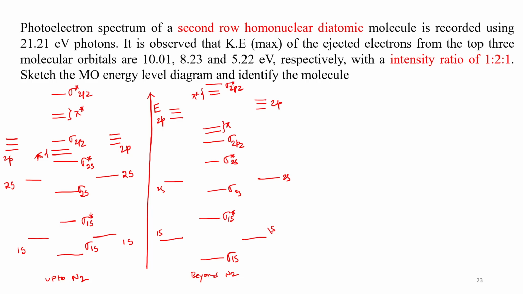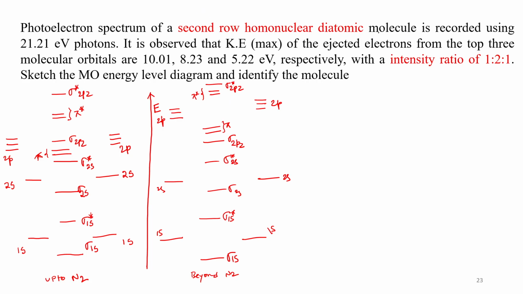You got my point? This is the difference of molecular orbital energetics up to nitrogen and beyond nitrogen. As they have mentioned second row homonuclear diatomic, the MO diagram could be either of these two. If they had written third row homonuclear diatomic, then you could work directly with this. Now we have taken care of this.